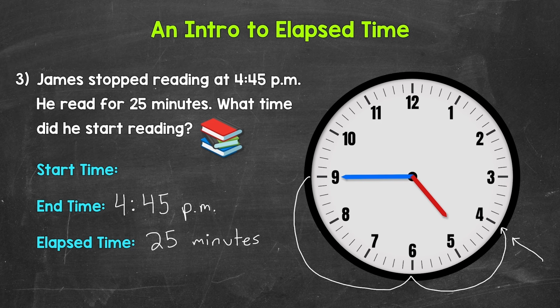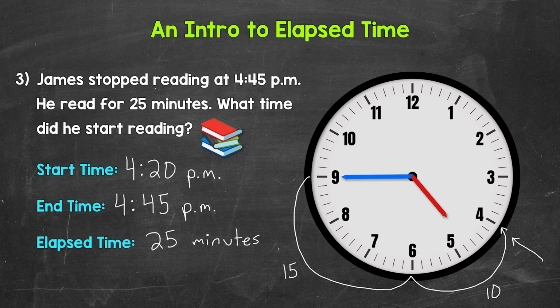So we get 4:20 p.m. that way as well. And that's our start time. So again, 4:20 p.m. So to recap that strategy, we went back 15 minutes to start. That brought us to 4:30. Then we went another 10 minutes to get to that total of 25 minutes. And that brought us to 4:20.